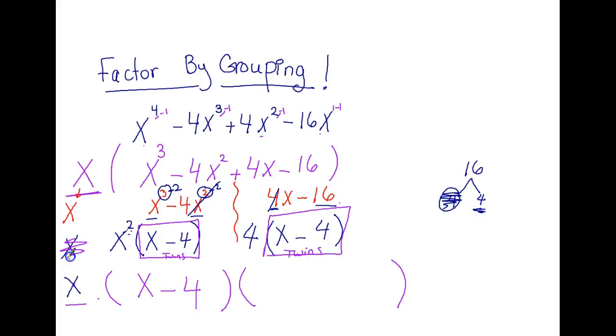I copied that x already, I copied the twin, so x squared needs a place. And that was a plus. It's been a plus. So plus 4. Now I'm done. Look one more time to see if anything is common. There's nothing common. We're good to go. This is how the factor by grouping should be.